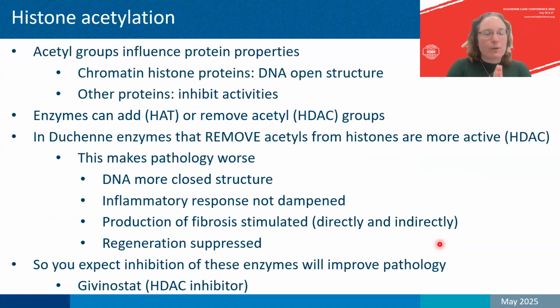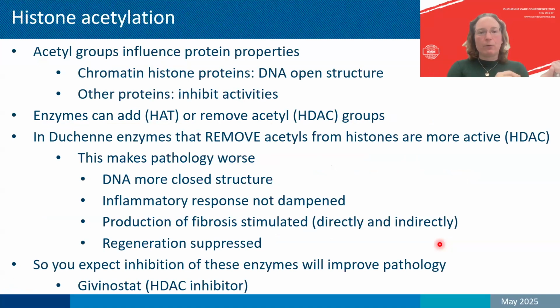And then to go to the Givinostat mode of action, we have to go very deep into protein modifications. That is the histone acetylation. And why do we talk about histone acetylation? Because Givinostat is a histone deacetylase inhibitor, so an HDAC inhibitor. Why is this important?